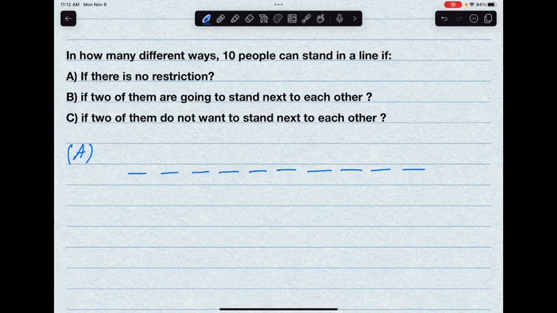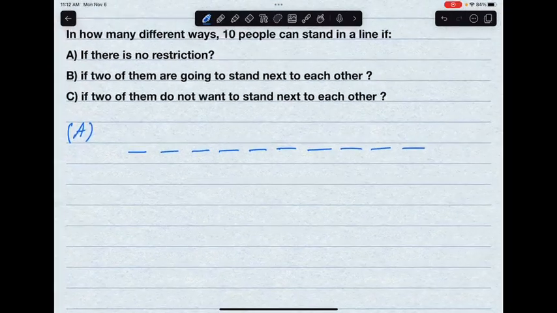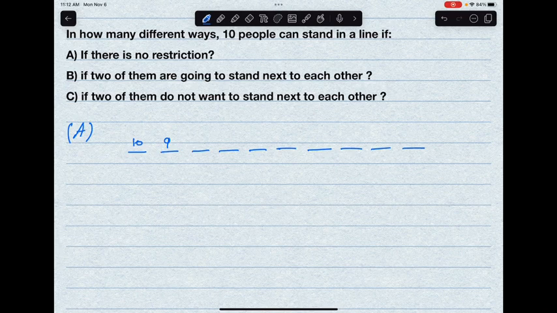But you can see for the first place we have 10 choices. Any of those 10 people can stand here, and then 9 of them, because already one of them has been standing at the first place, so just 9 people remain. Then 8 of them can stand here because already 2 of them are here.